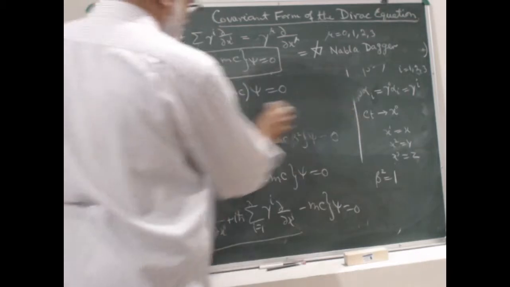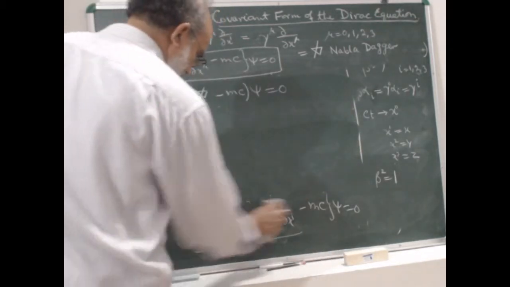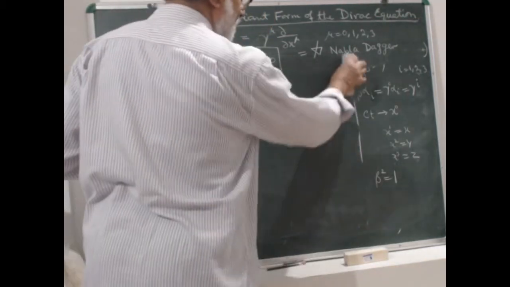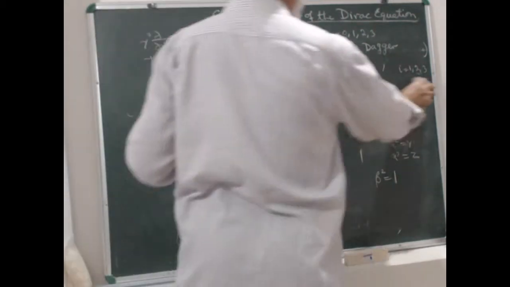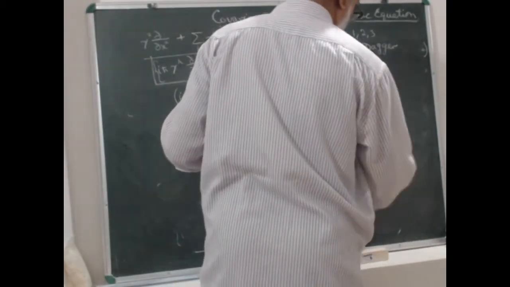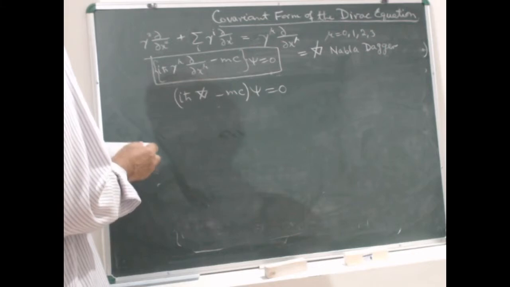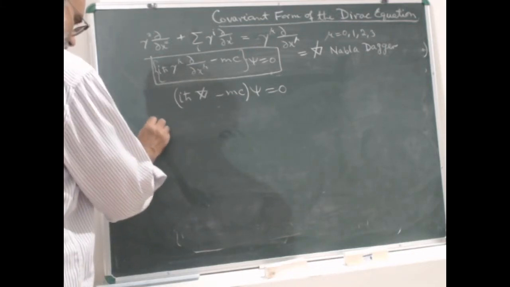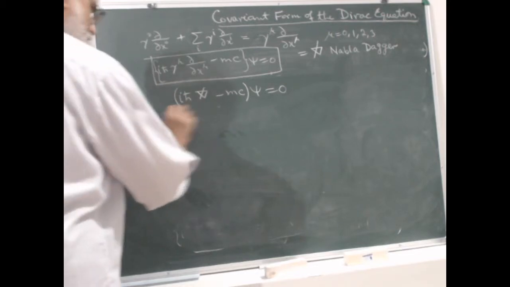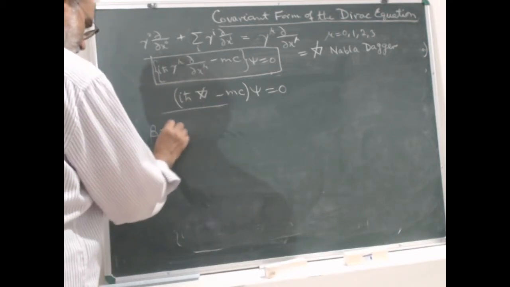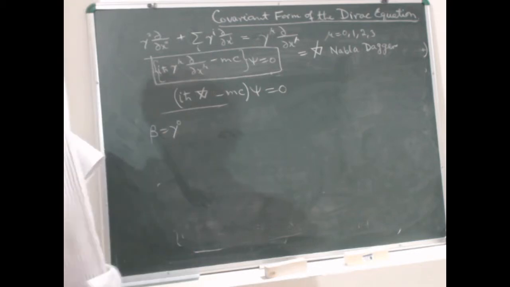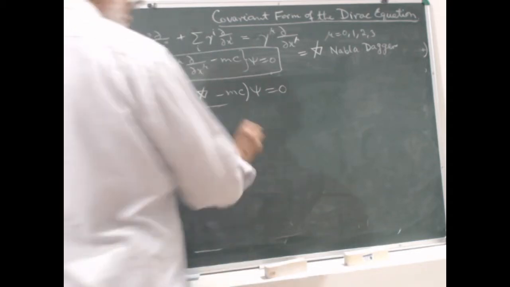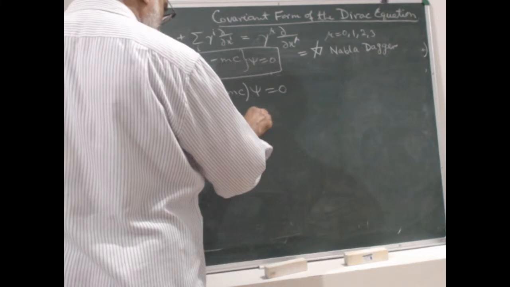Now some properties about the gamma matrices which we have considered here. We have just seen that beta is taken as gamma 0, and we know that beta square is 1.